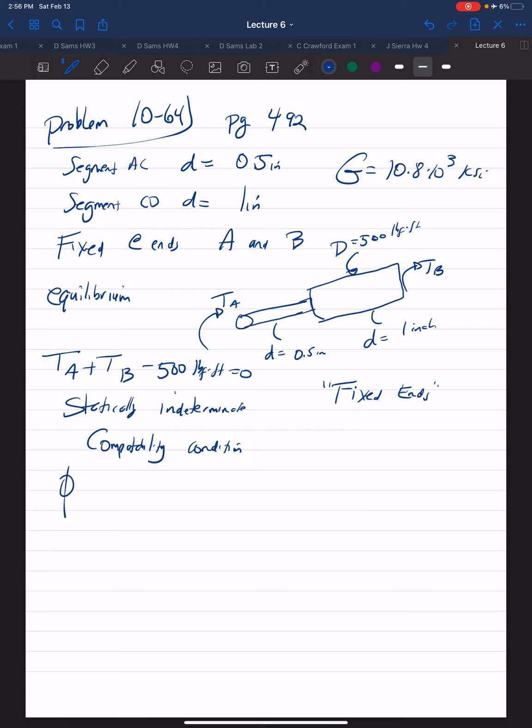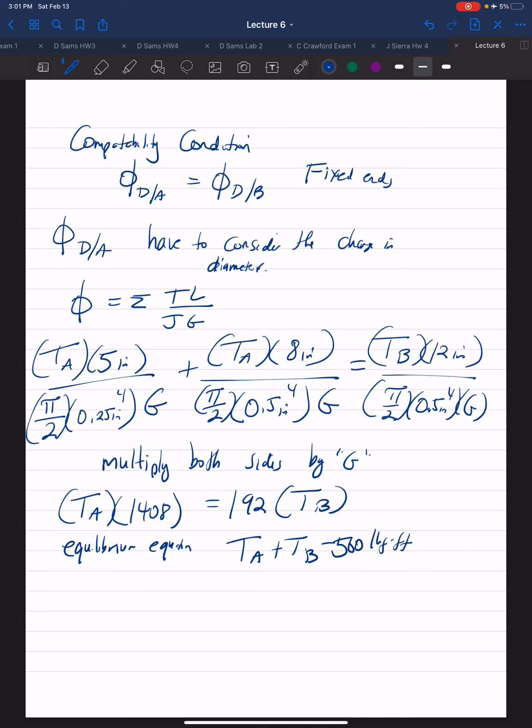So now we have this equation plus our equilibrium equation of TA plus TB minus 500 pound force feet equals 0.